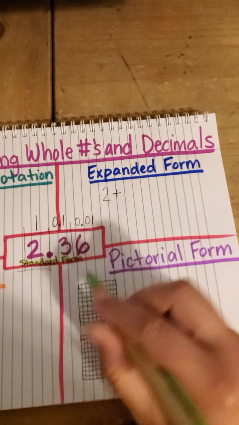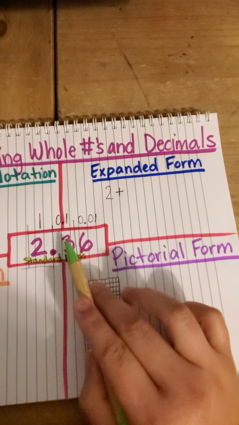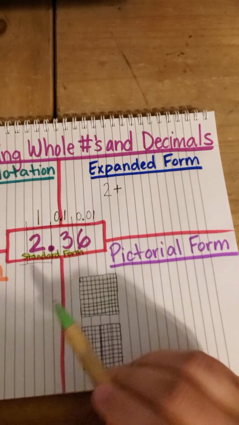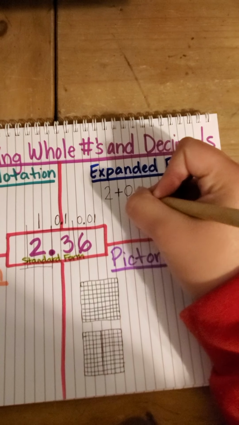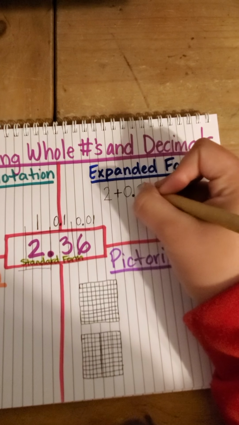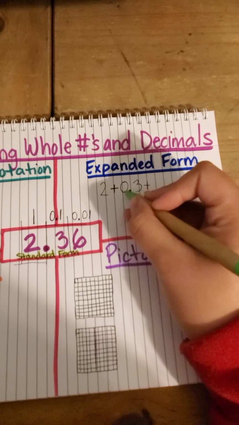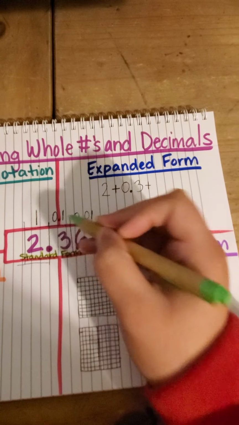Plus, now I have a 3 in the tenths place. So I'm going to put that 3 where my tenths place goes. So I have a 0 in the ones place, a decimal, and a 3 in the tenths place. Plus, so this 0 and 3 tenths is the value of that 3.